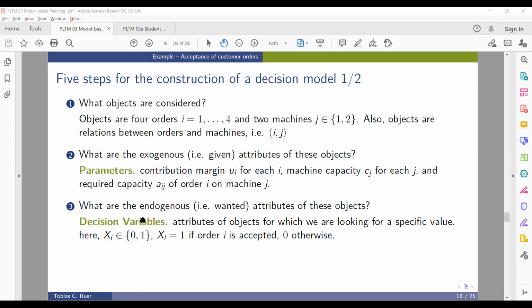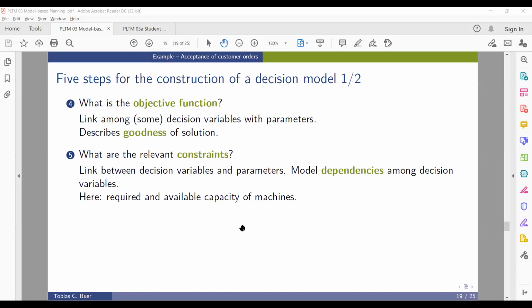You will have in this course and in other courses more opportunity to actually build these models, but this is just the basics to have some terminology and to get a rough idea how this works if you want to build a model. Now let's go to step 4 and 5.